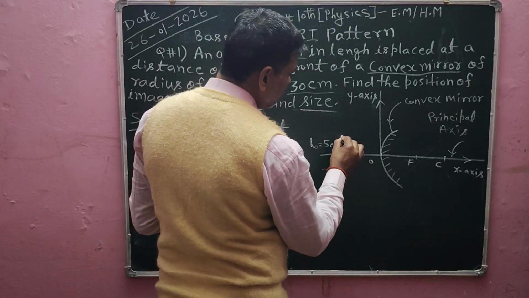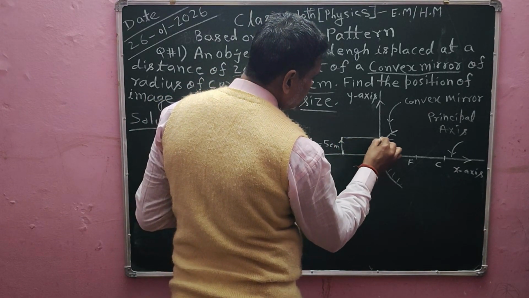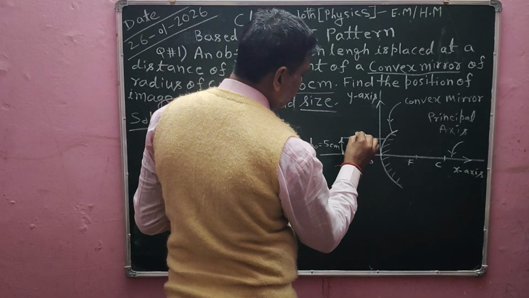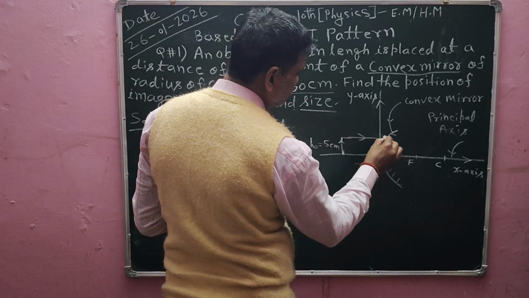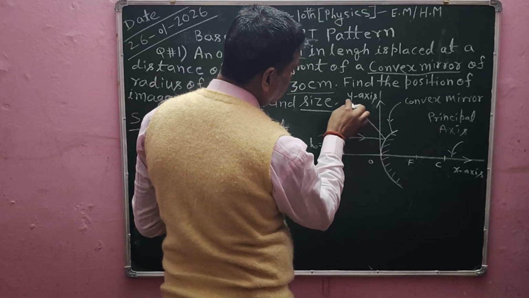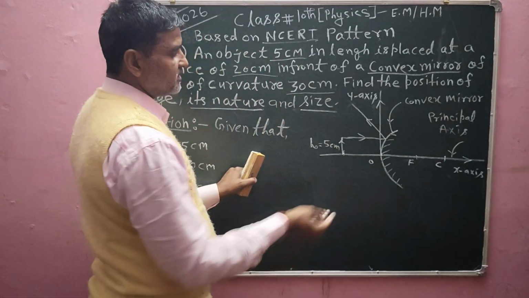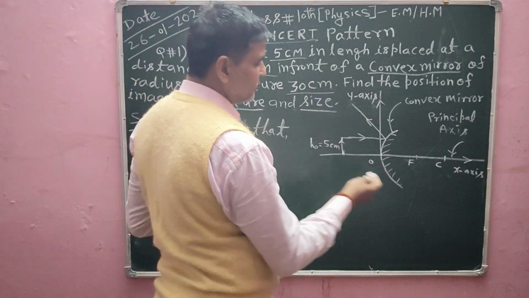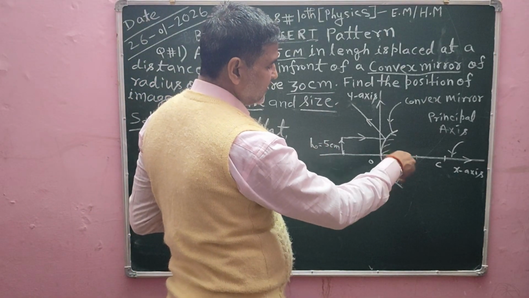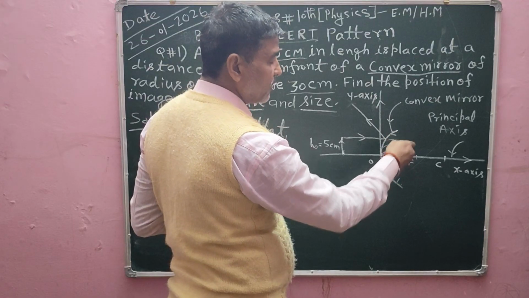Now here I am throwing a light. A ray is going from the object to the mirror. It is reflected in this direction, because here there is a paint of red oxide.